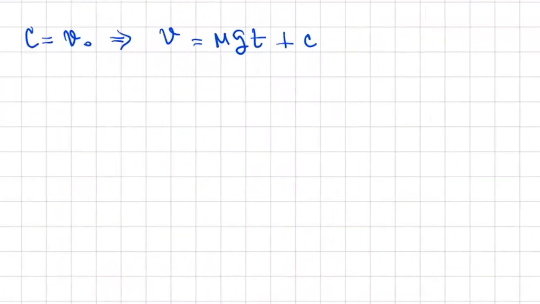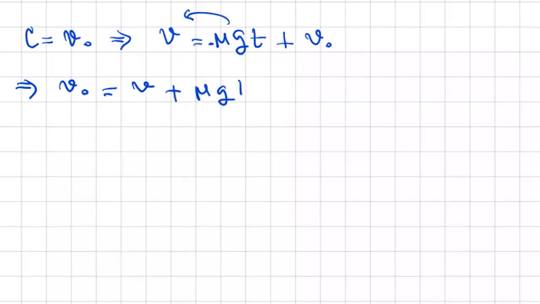This constant c is v0, then v0 is equal to, we send this term to the other side of the equation, v plus mu g t.